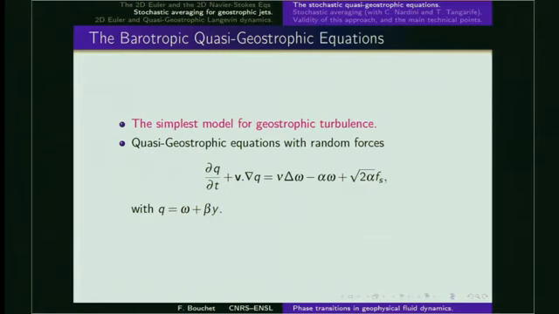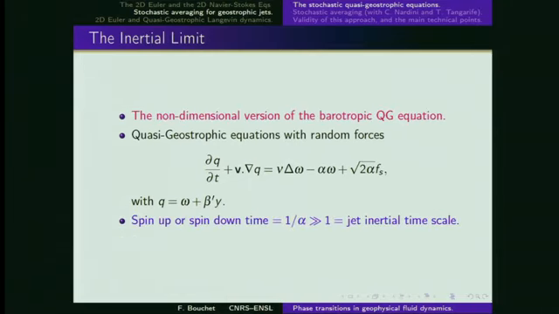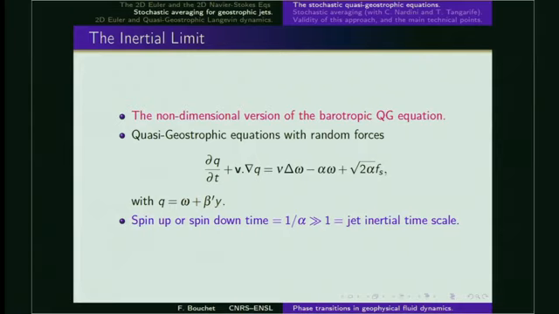And when I add this beta effect, then the statistical equilibria will be zonal flows, and this will make the problem much simpler. So I will study also in these problems what is called the inertial limit.